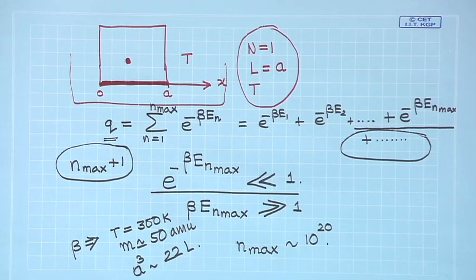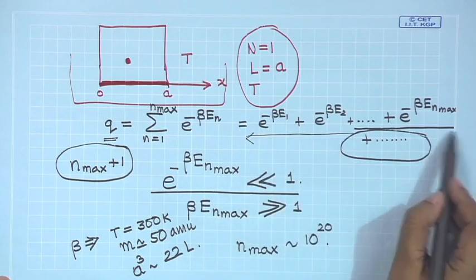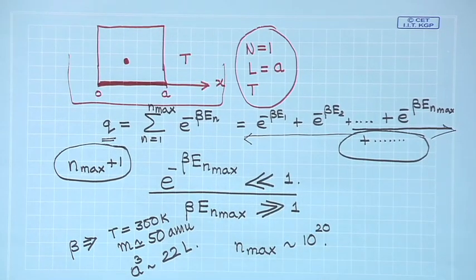So, of course, there is a very large number of terms that I need to add in order to evaluate this infinite series summation. Of course, I am not going to do it.